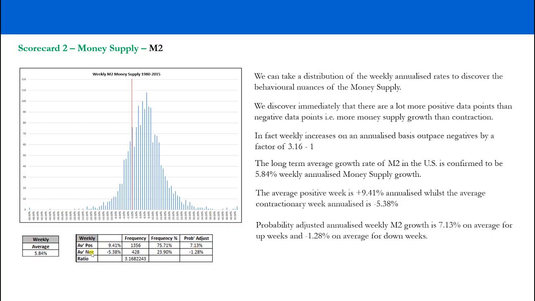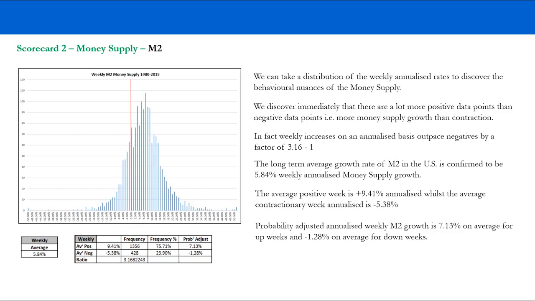And the average negative week on a probability adjusted basis is minus 1.28%. So everything that you're looking at here is within the bounds of what would be considered to be a normal situation overall, and if we had a positive week or a negative week. So we're looking at what we consider to be normal situations.